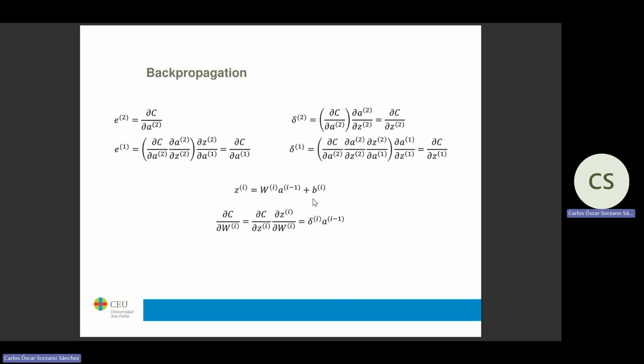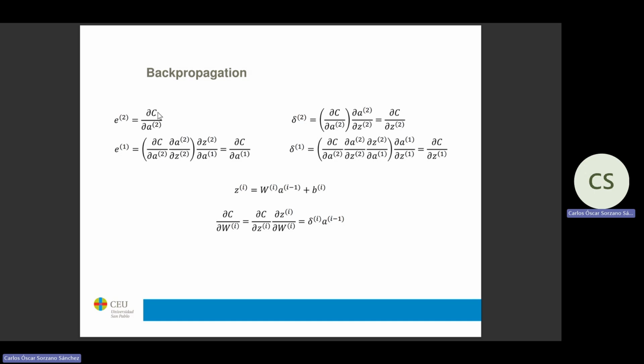Okay, so let's collect all the formulas that we have and put some names to remember. The derivatives of the cost function with respect to the activations, we will call them E. Let's say that we have just 2 layers, just to keep easy track of everything.